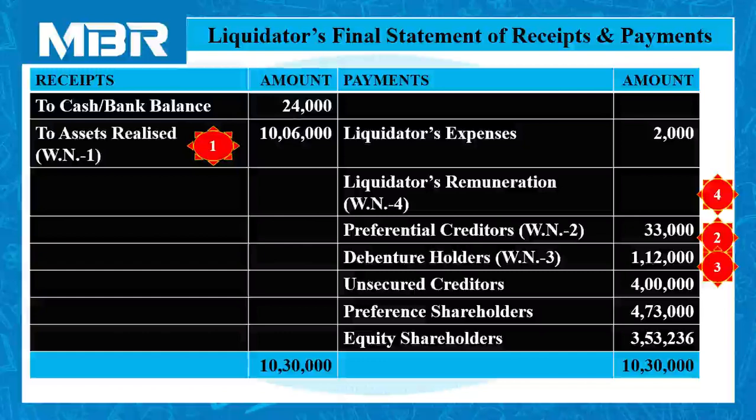Third, preferential creditors. The total amount paid to the preferential creditors is rupees 33,000. For the purpose of understanding the amount paid to preferential creditors, I have prepared a working note, working note number 2. Let us move to working note number 2.